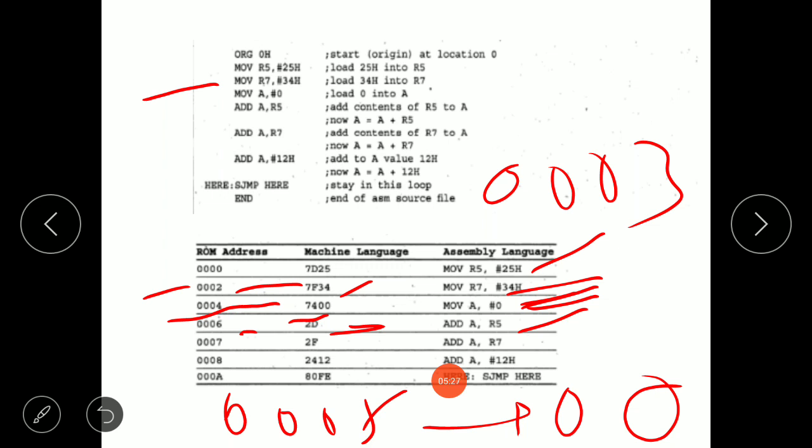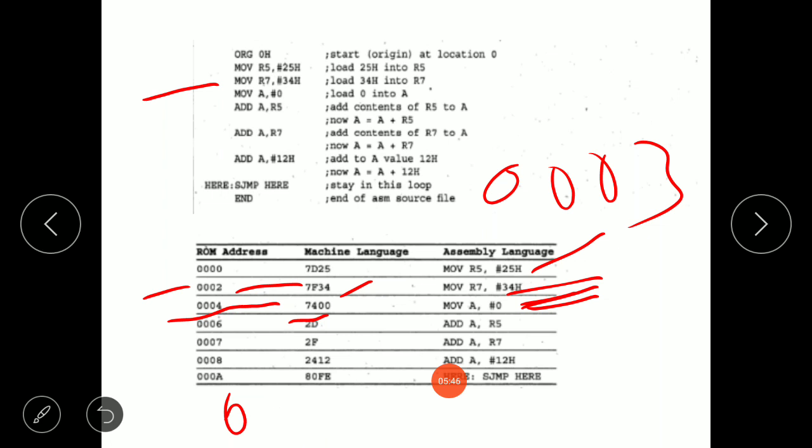And the purpose of ADD A, R5 is to add the content of register R5 and the content of the accumulator and store the result in the accumulator. Similarly, in this way, all the instructions will be written, and as I have told you, if it is a 2 byte instruction, it will occupy 2 bytes of the memory location. If it is a 1 byte instruction, it is going to occupy 1 byte of the memory location.